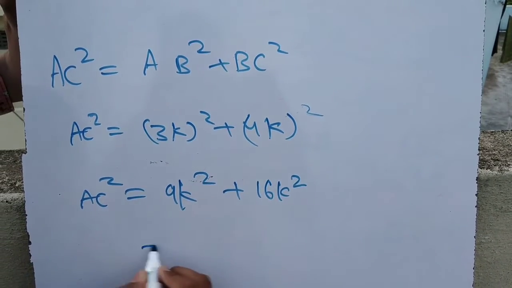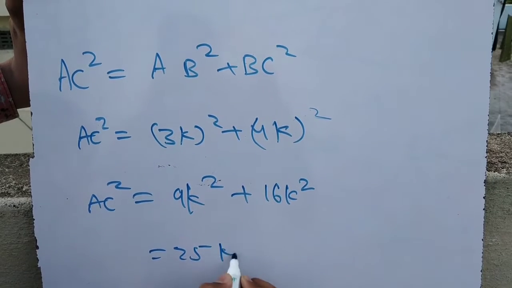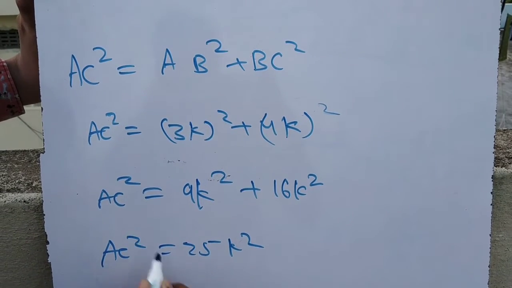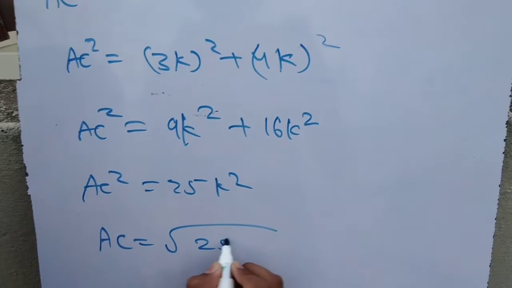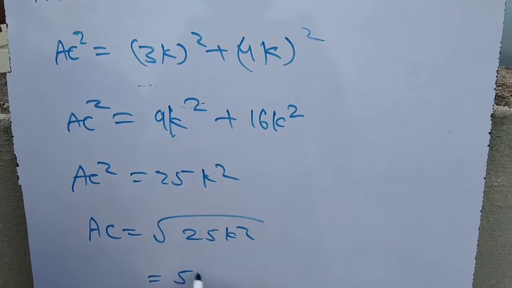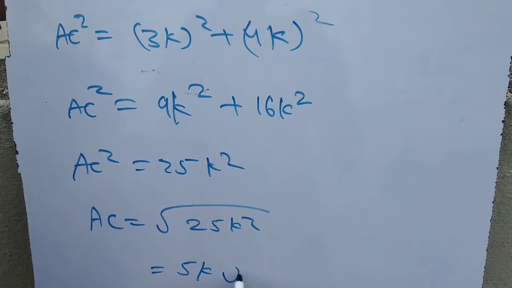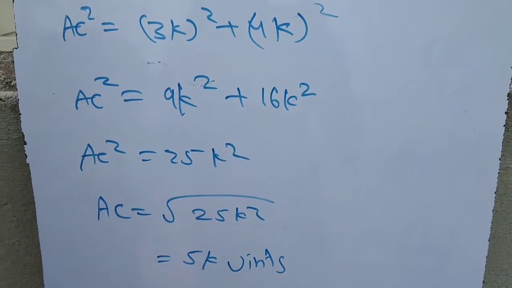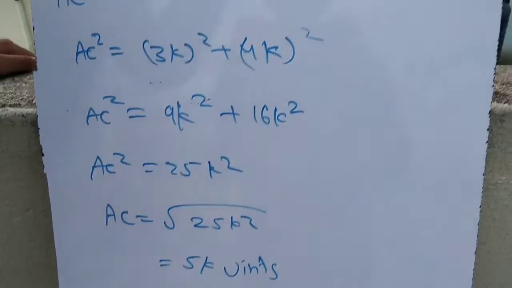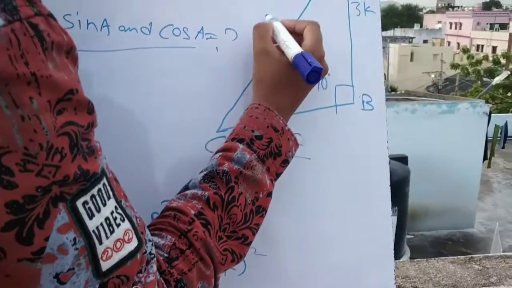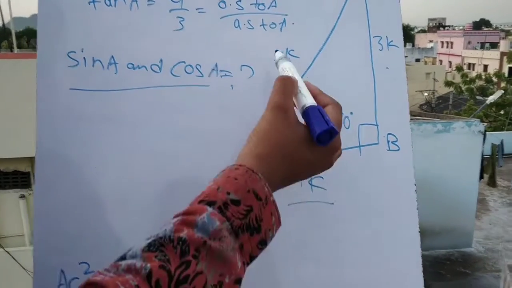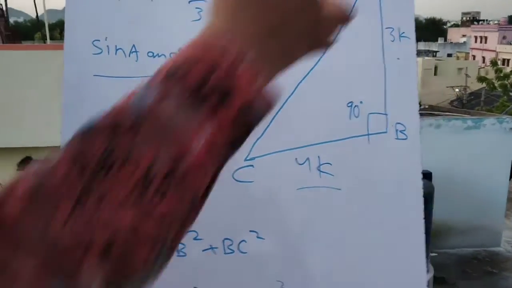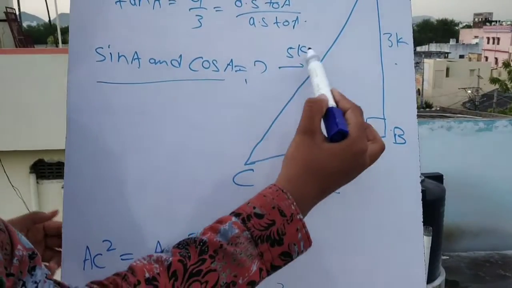So totally it is 25K square, and AC square is equal to 25K square. So AC is equal to root 25K square, so it is definitely going to be 5K units. This is 3K and this is 4K. By applying Pythagoras theorem we got this side AC as 5K units.